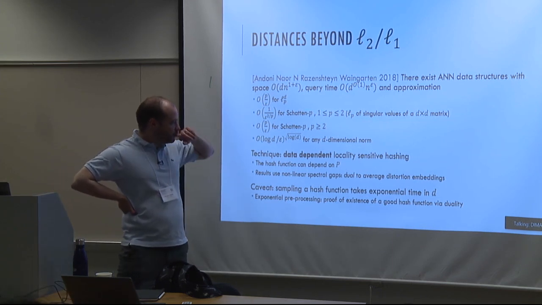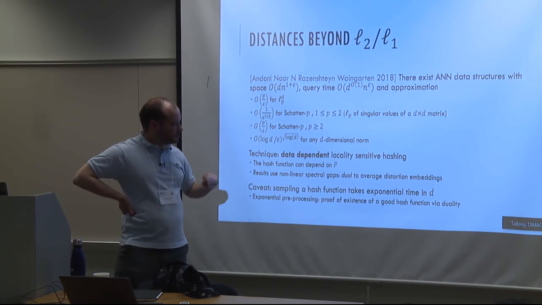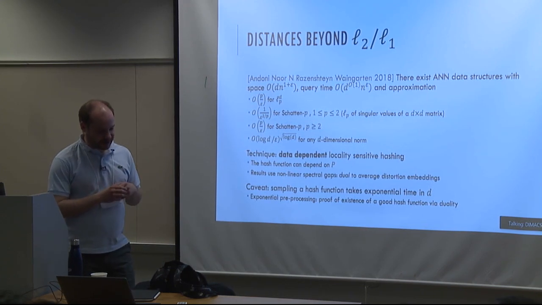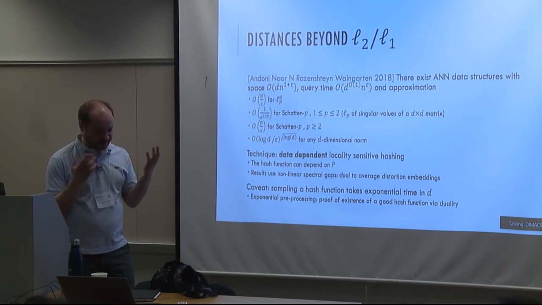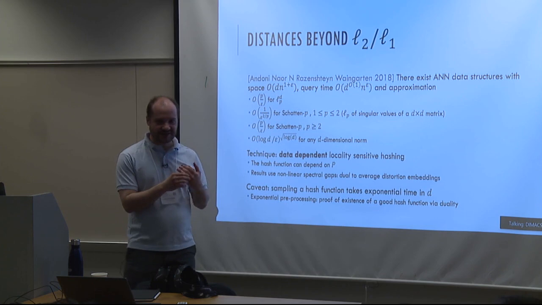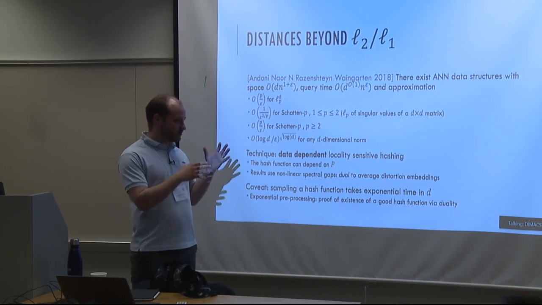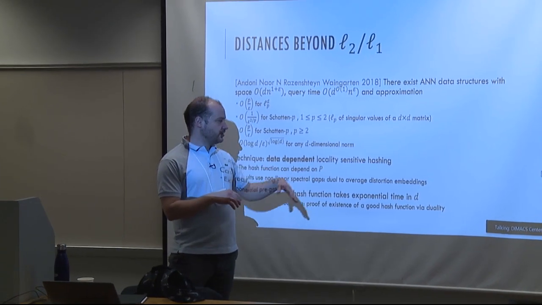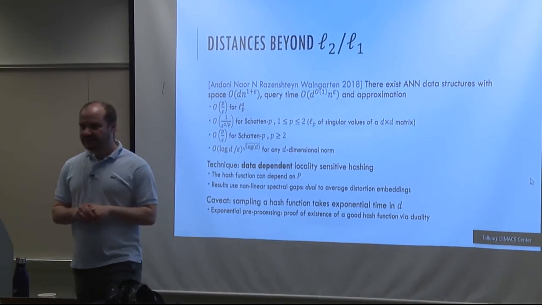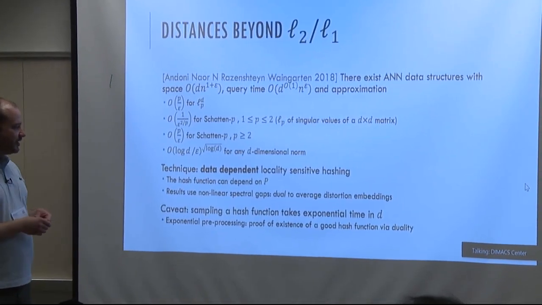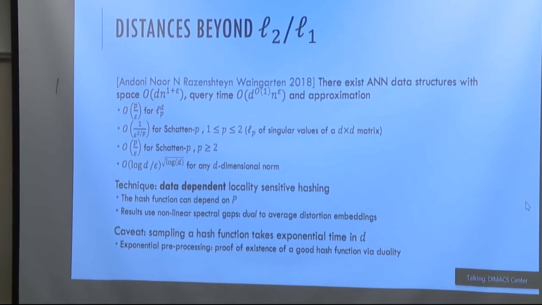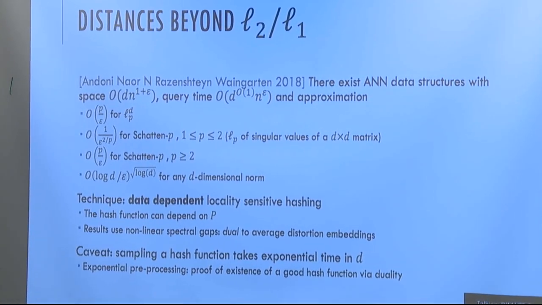These results were proved using something called nonlinear spectral gaps, which is a notion that, in the sense I already mentioned in the first part, is kind of dual to average distortion embeddings. But because we worked with the dual notion, these data structures were efficient in a funny way.